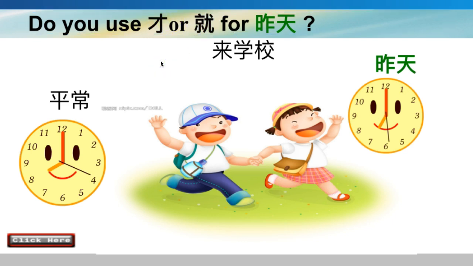Am I coming to school earlier than expected? 就. Or am I coming to school later than expected? 才. The answer is 我平常8点来学校，但是昨天我7点就来学校了 because it's earlier by 1 hour.